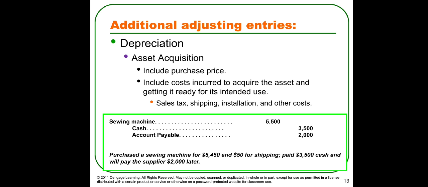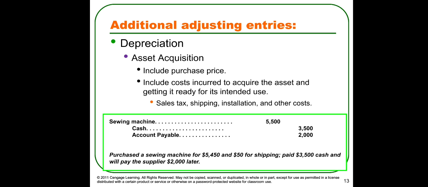But when the business purchased the machine, the business also has to pay $50 for shipping, for delivery from the supplier business to this business. The $50 delivery cost or shipping cost.